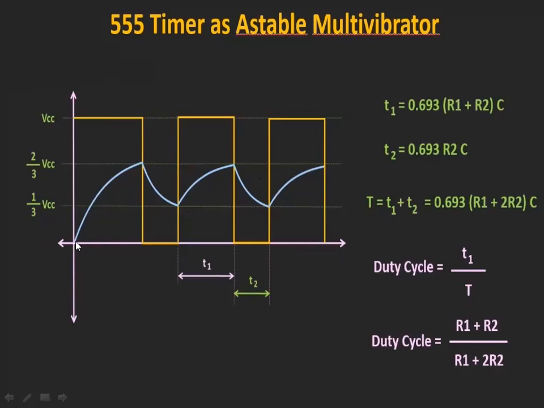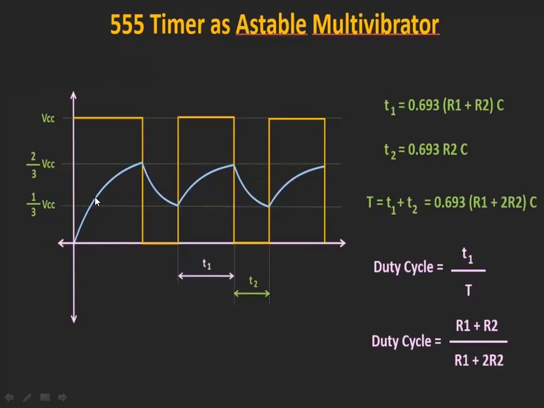Initially the capacitor has no charge, that is, the voltage across the capacitor is 0 volts. So it starts from 0 and it is going to charge, up to here.